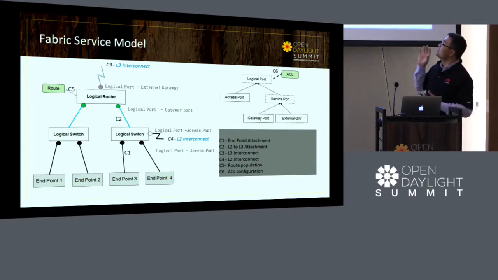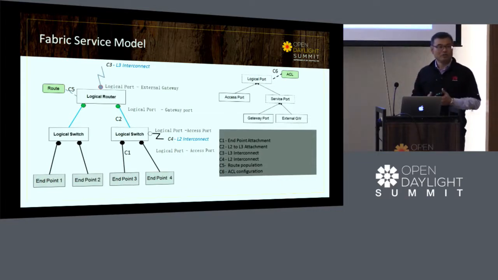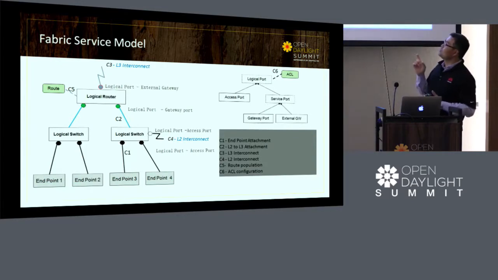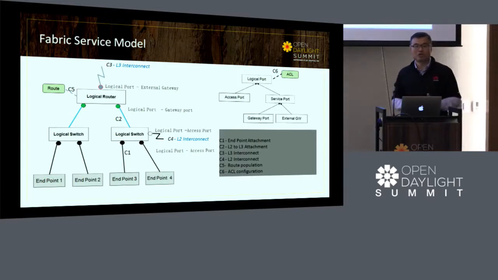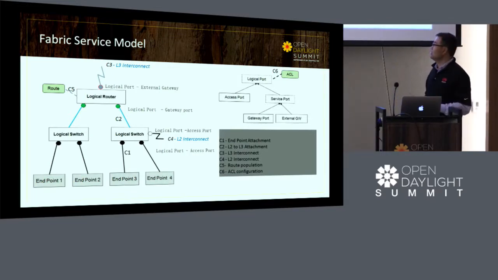That's not hard. But the service model has to be common. The model we show here, I don't think it's a complete model, but it captures all the major constructs that most users use to build their network services.